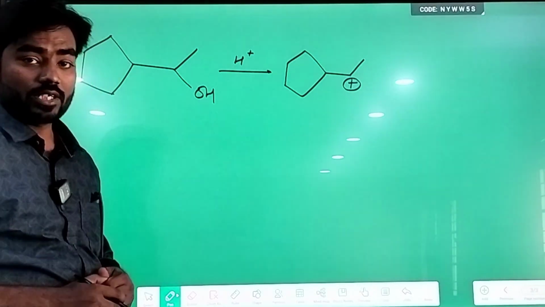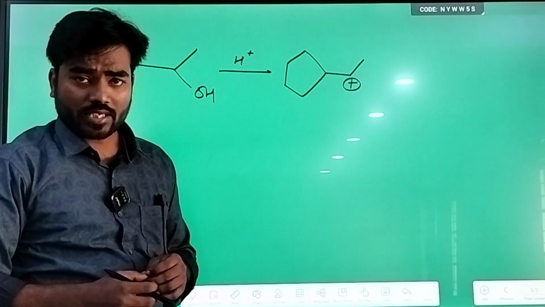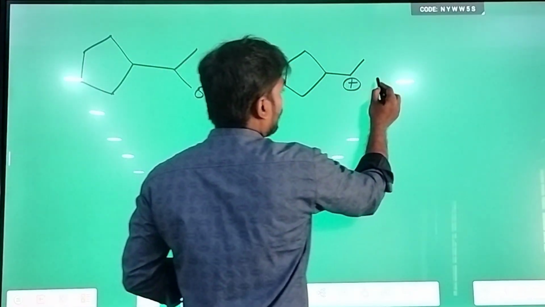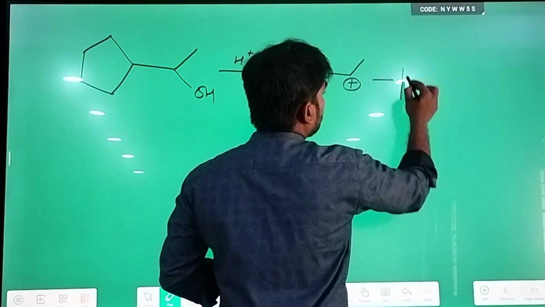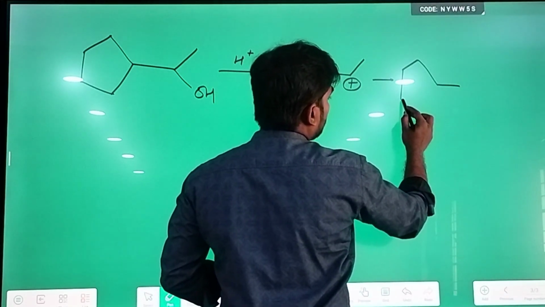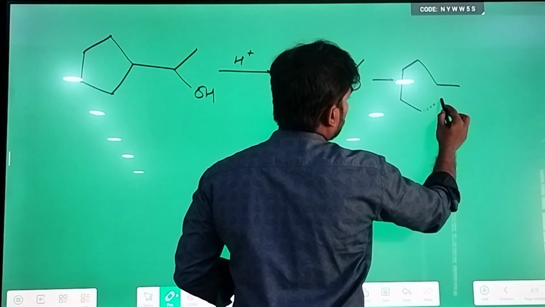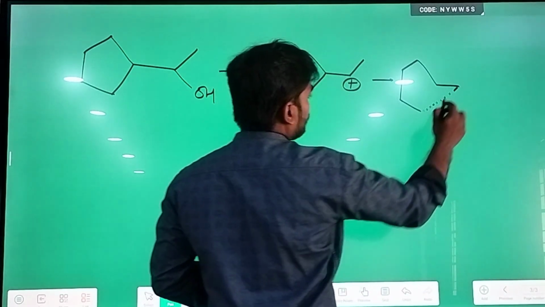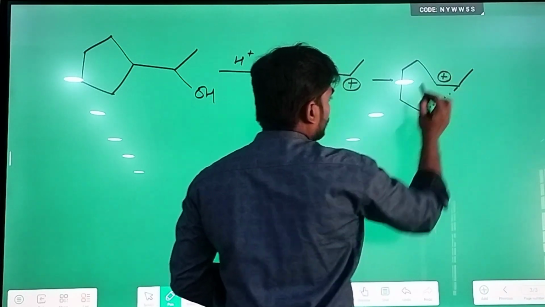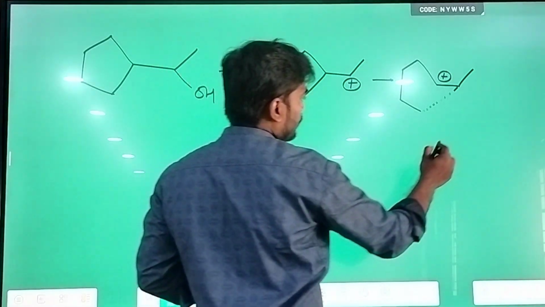Ring expansion will take place, because as we know that a 6 carbon ring is more stable than a 5 carbon ring. So moving ahead, what will happen? Ring will expand. So this will go here and the positive charge will come this side. It becomes a 6 carbon ring.